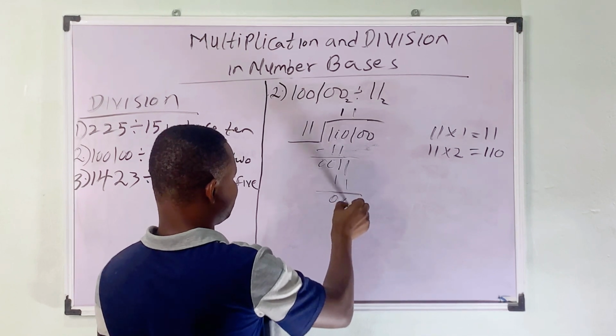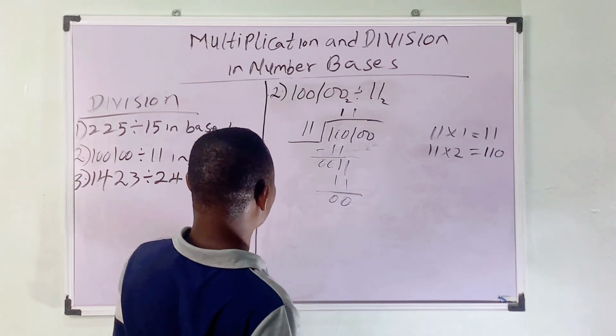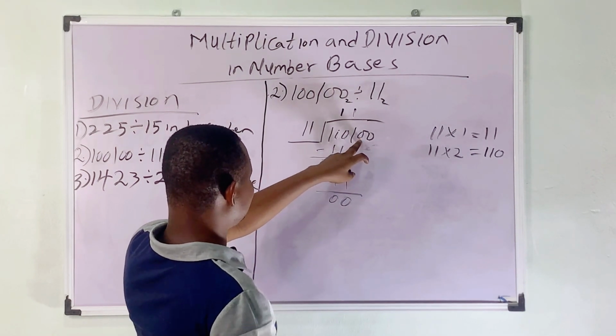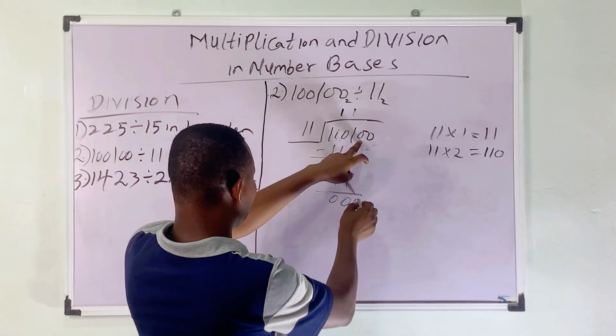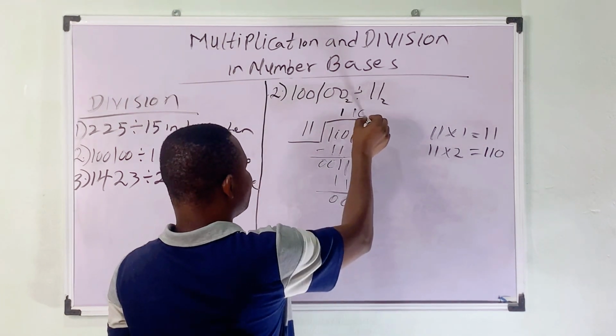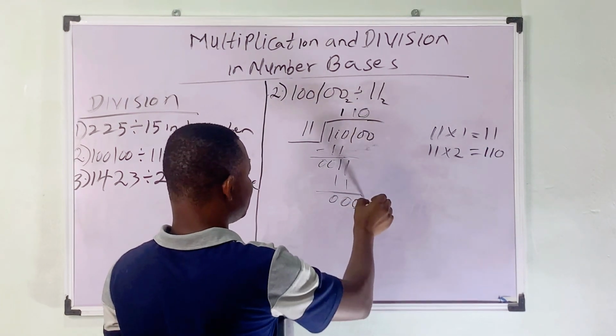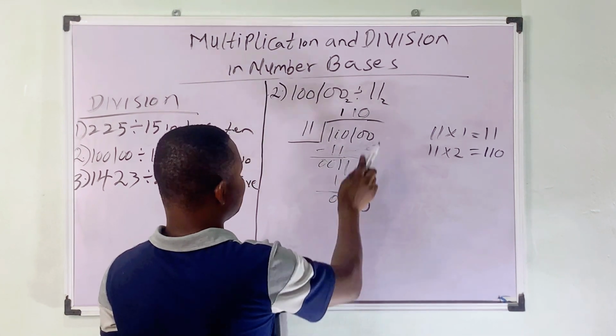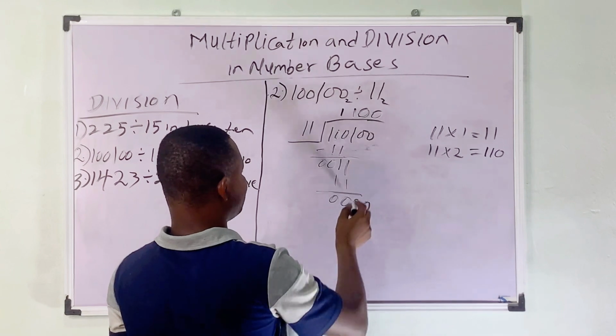This is now 00. So we bring down the next digit, which is 0. 11 in this is 0. We bring down the next digit. 11 in this is still 0.